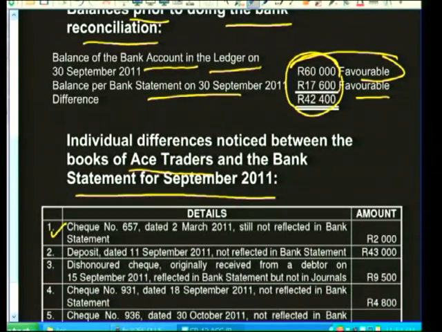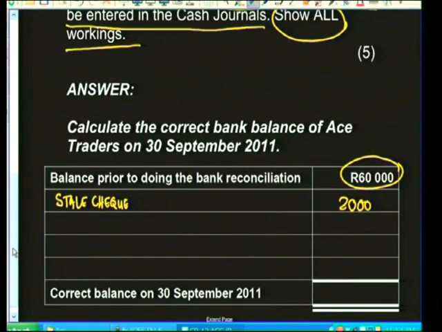Now, number 2 says, a deposit dated the 11th of September not reflected in my bank statement. Okay? Now, once again, we are busy with our bank balance, correct? And therefore, we're going to include this here, and this is your outstanding deposit.